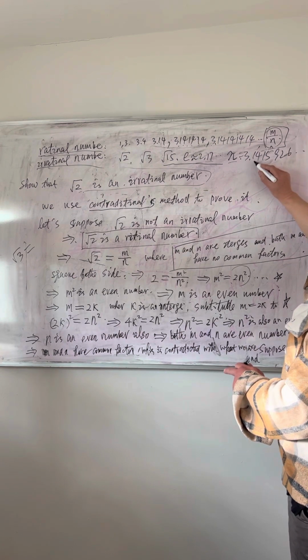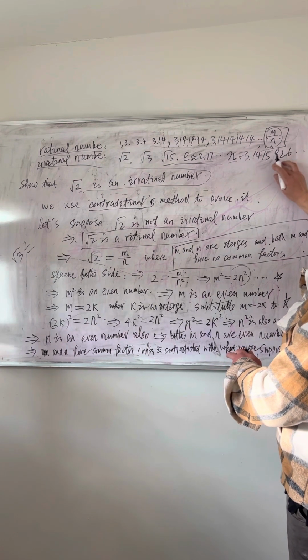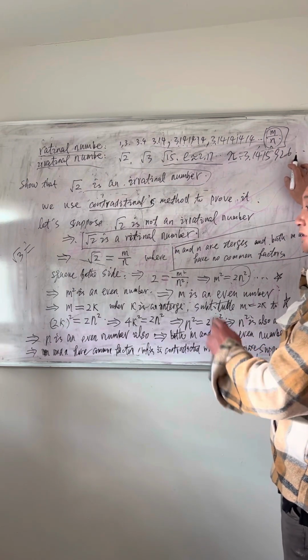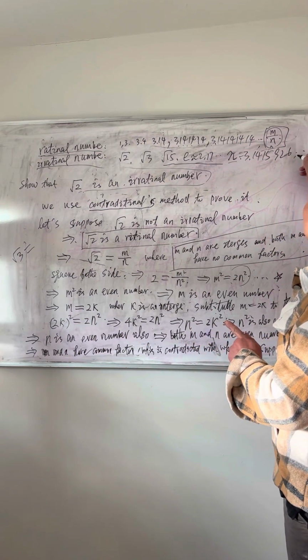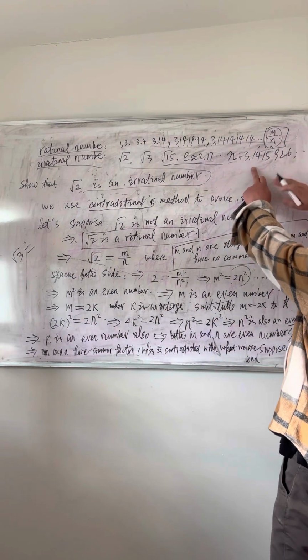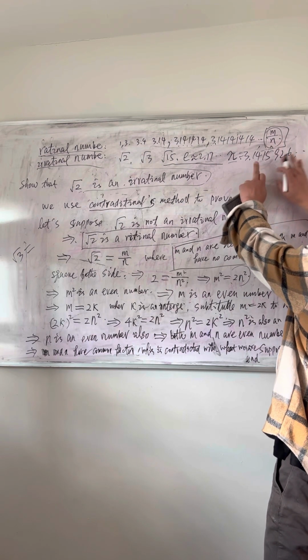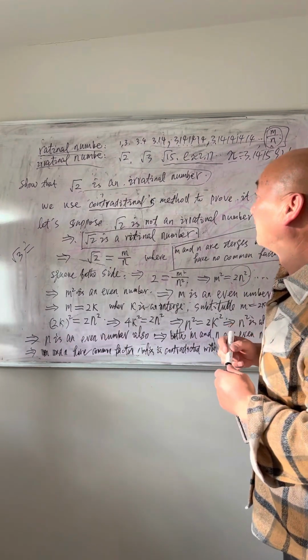If you write 3.141594, stop here, and 141594 repeats from here, that means it's a rational number. But you cannot find a position from which it repeats, so there is no such rule.